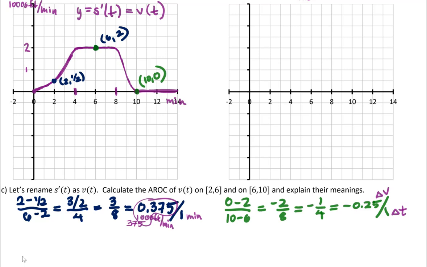To look at the average rate of change from 6 to 10, there we have negative 0.25 thousand feet per minute every 1 minute. So again, to simplify that a little bit, I would say that's 250. So this time the velocity is decreasing. So I would say from minute 6 to minute 10, the velocity decreases by an average of 250 feet per minute every minute that passes.